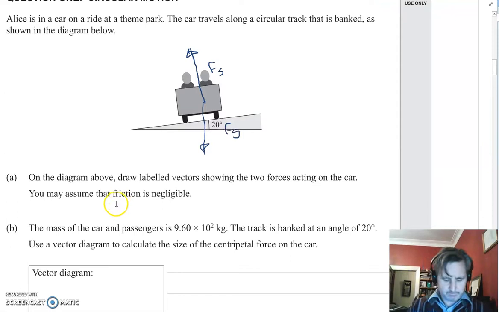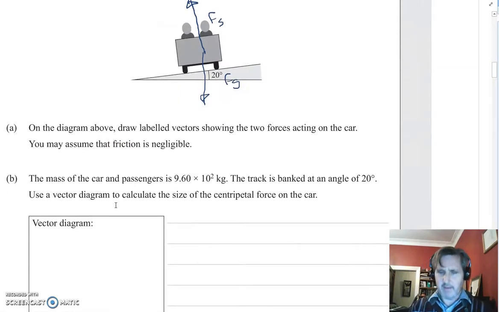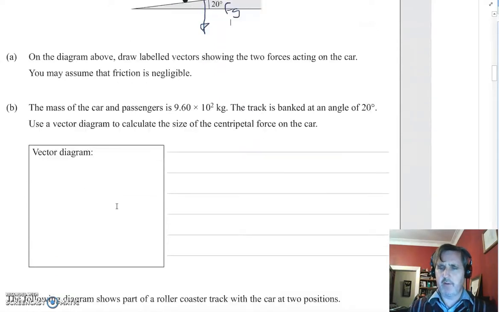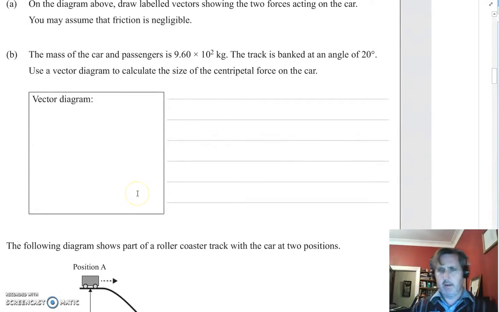Now we're going to put this into a triangle so we can calculate the centripetal force. We're going to have to use trigonometry, SOH CAH TOA. So let's draw our triangle.